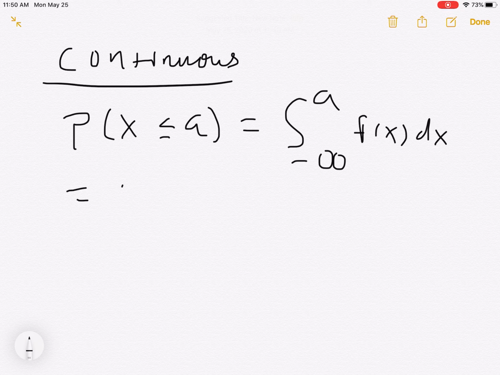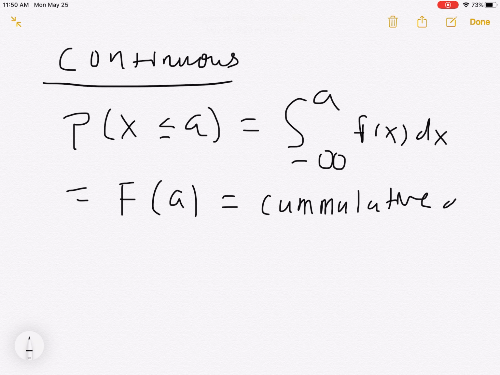This is also the cumulative. This would be F of a, and that is by definition the cumulative distribution evaluated at a.